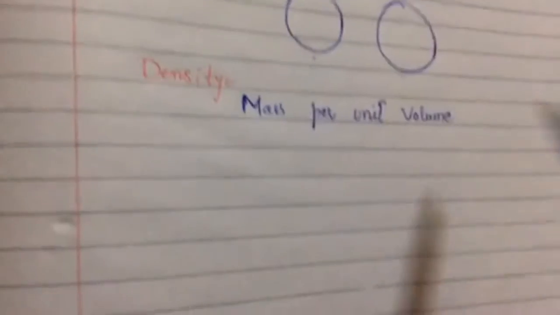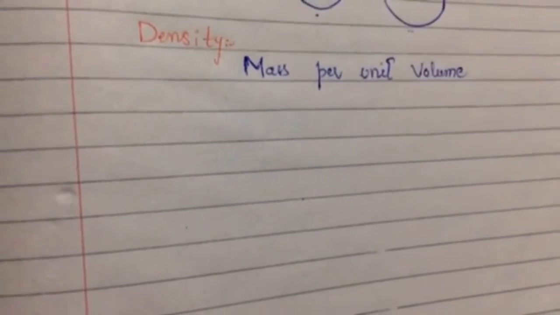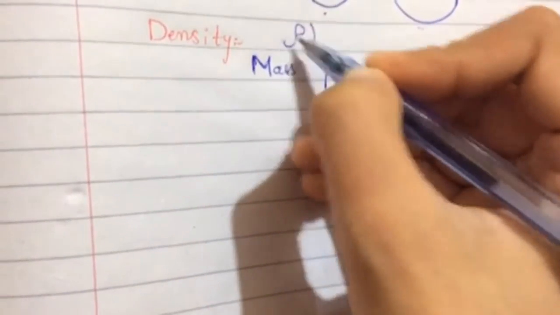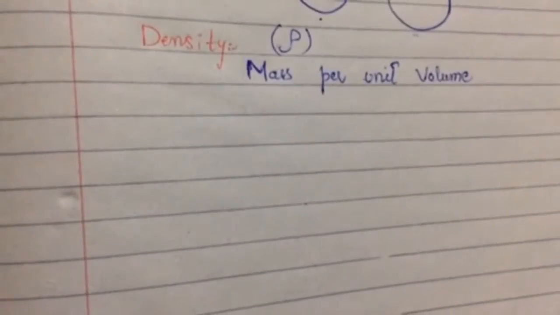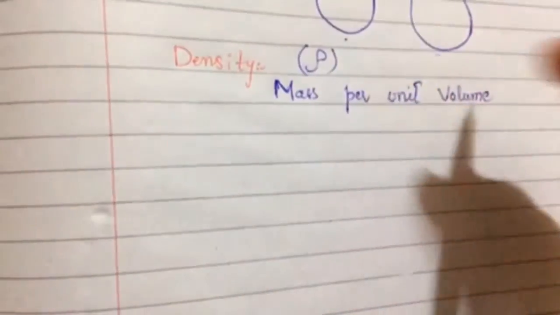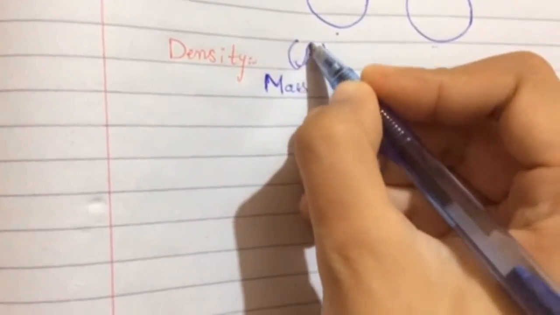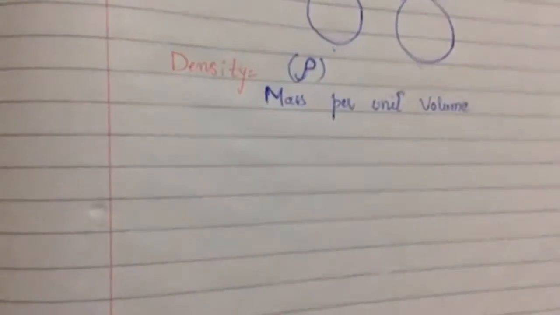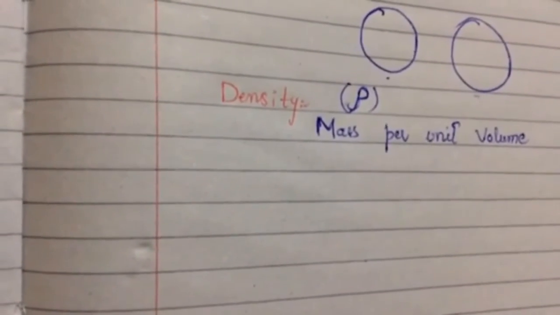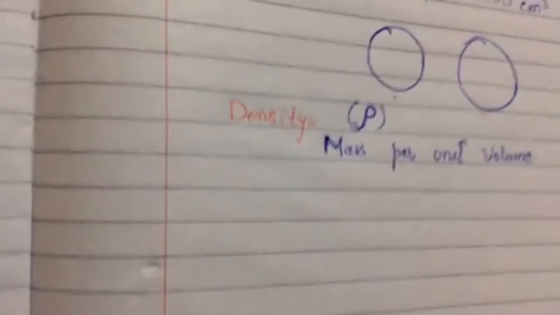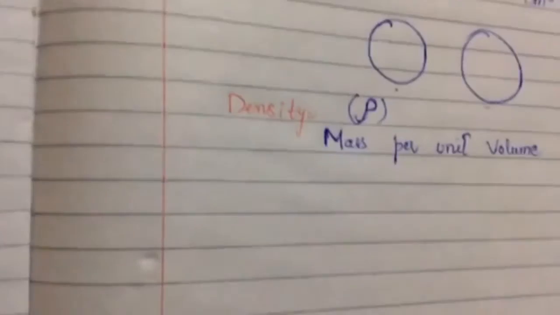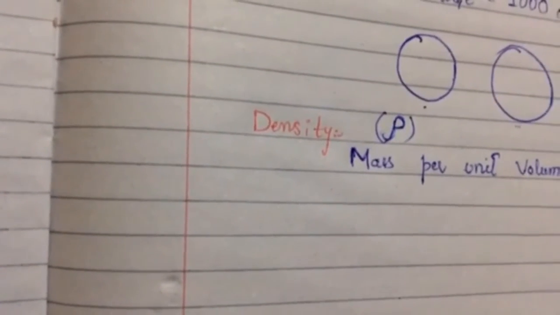The symbol, or what it is denoted by, is a Greek letter called rho. It has a resemblance to a small p, but it is not p. It is rho, a Greek letter. Now let us consider the formula: density is the mass per unit volume, so the formula is written as density equals mass divided by volume.